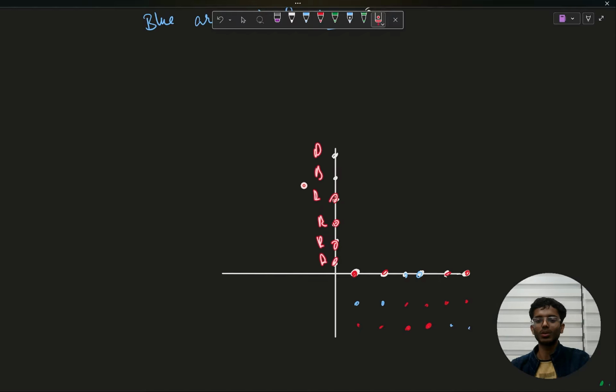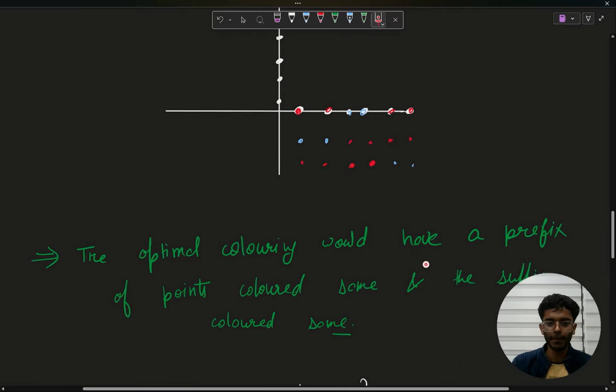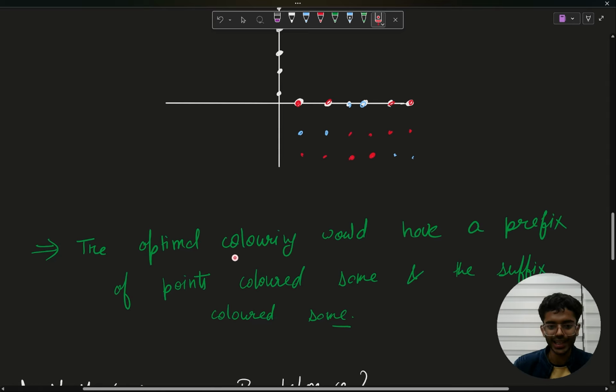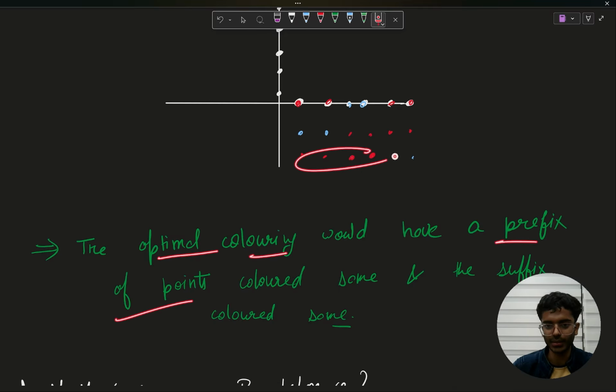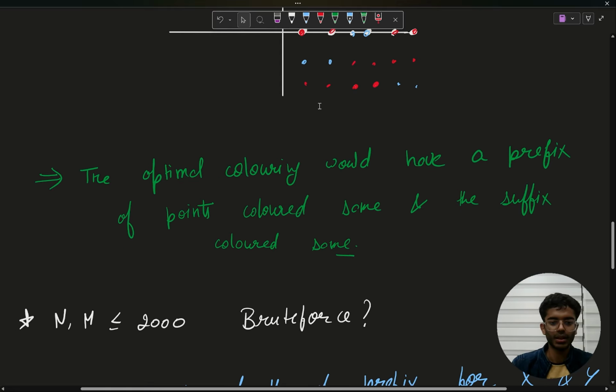We don't know how many points to color with what color, but let's figure that out soon. But this should make sense: the coloring should be consecutive in any optimal solution. So our observation is that in any optimal coloring, we would have a prefix of points which are colored the same, and then the last suffix would be colored the same, right?